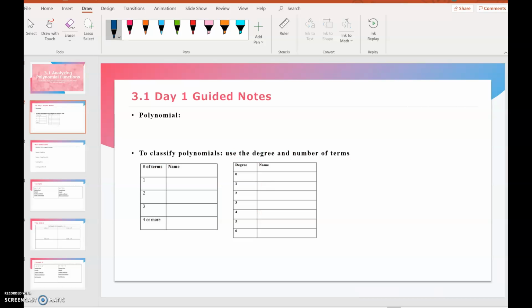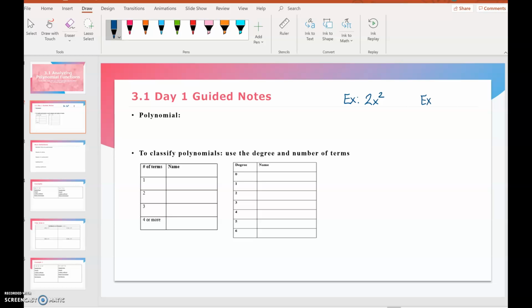So, 3.1 day 1. You'll be filling out your guided notes. We're going to start with looking at just what is a polynomial. You guys have seen polynomials for a very long time now. To give you an example, here's one, 2x squared.